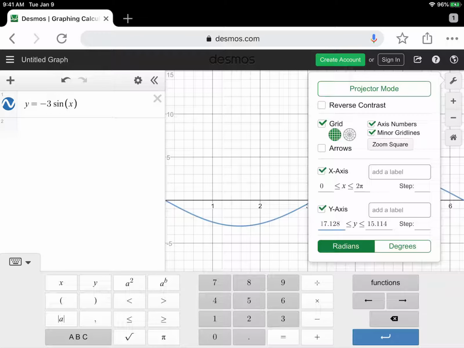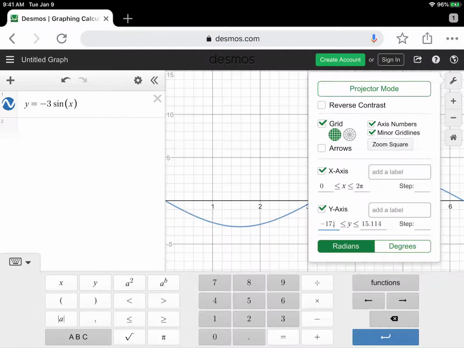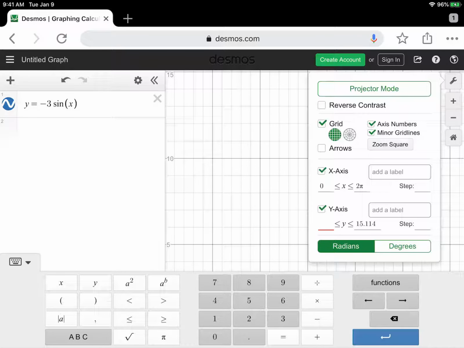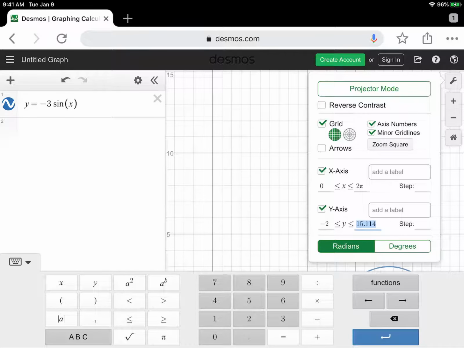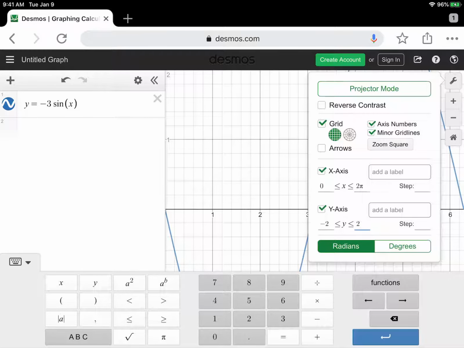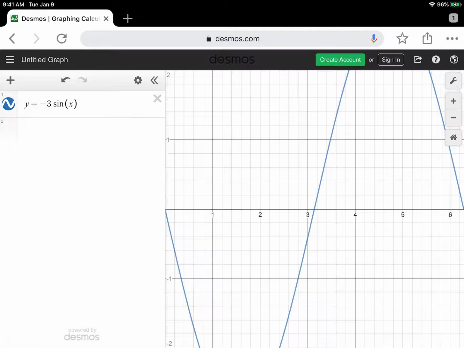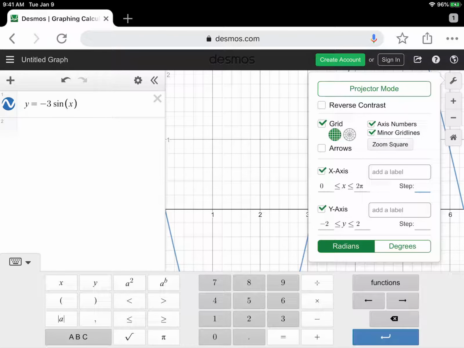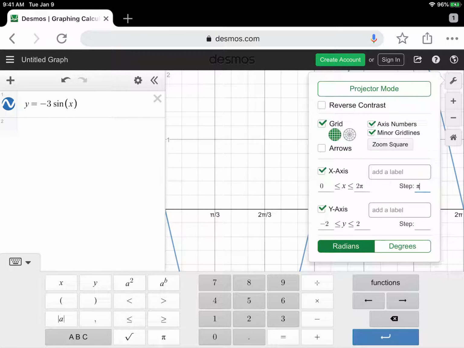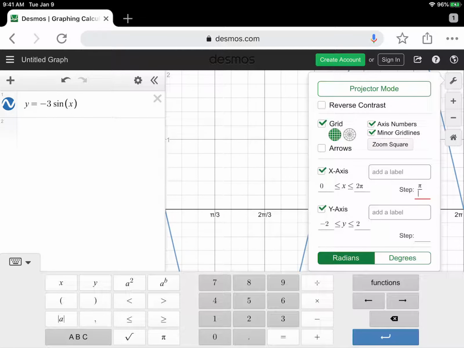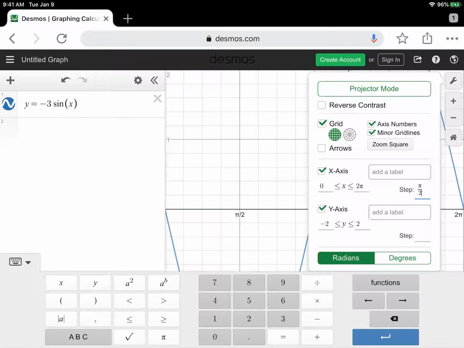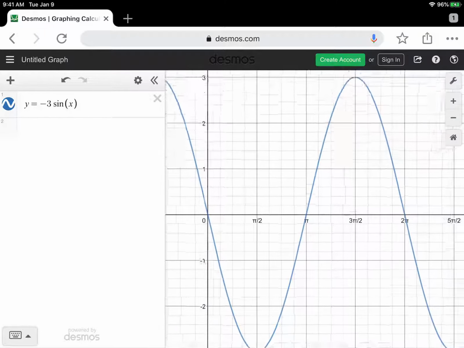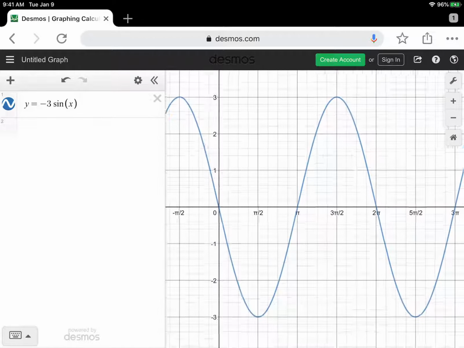And this I'm going to go from like negative 2 to 2. Make sure you're in radians as well. Then it just gives me a better scale. Let's make my step the same as when we plotted in the previous video, which means every tick mark is a pi over 2. So now I'll get a better look at this.